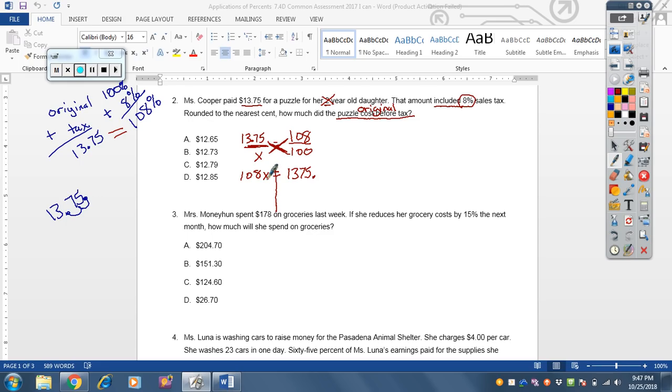What is the opposite of times 108? Divide 108. These are opposites, so they cancel out and you're left with x. This is a fraction that you need to top in, bottom out.